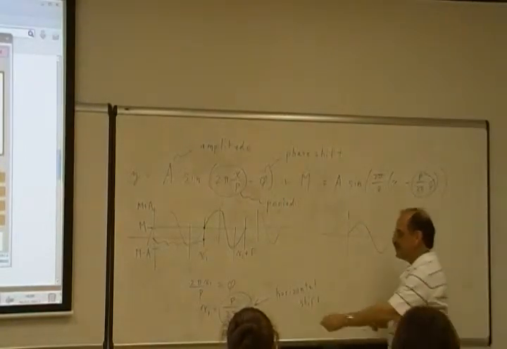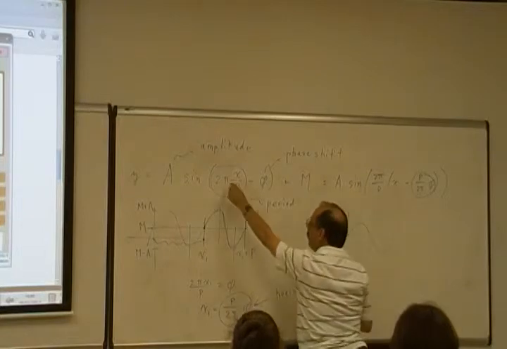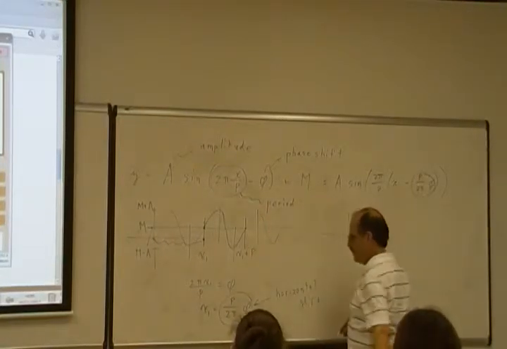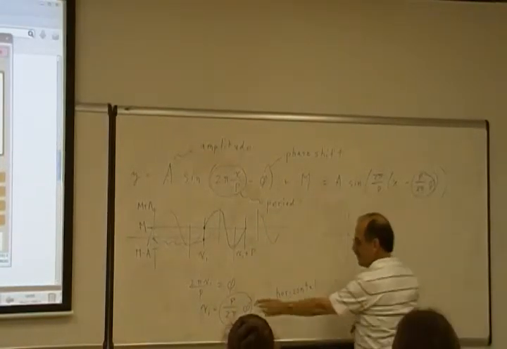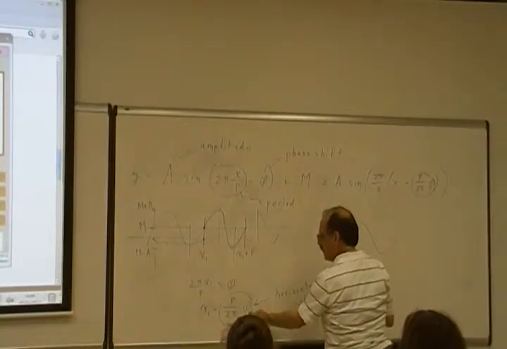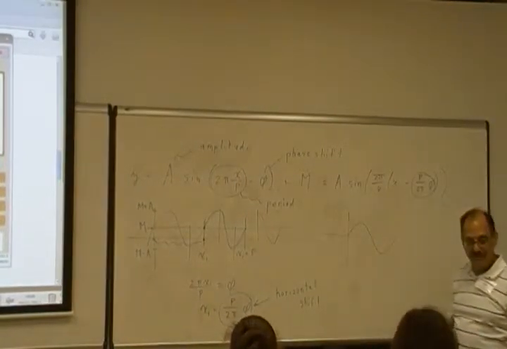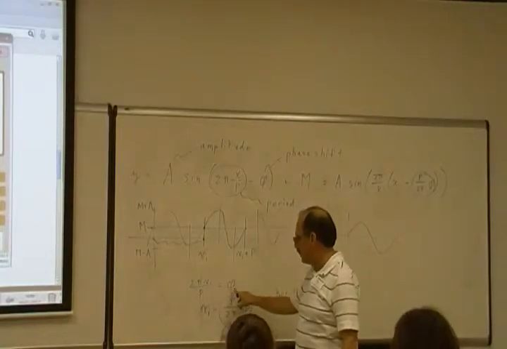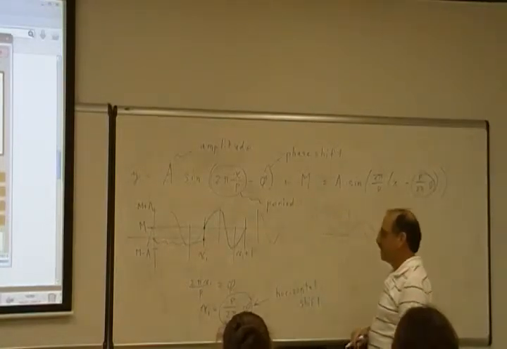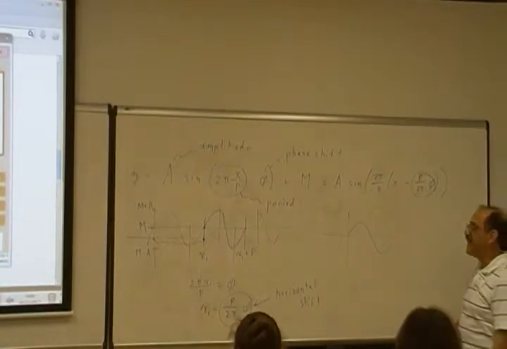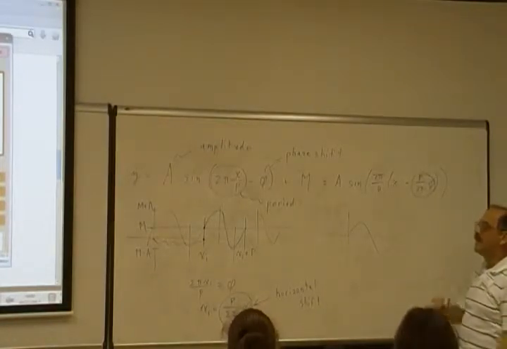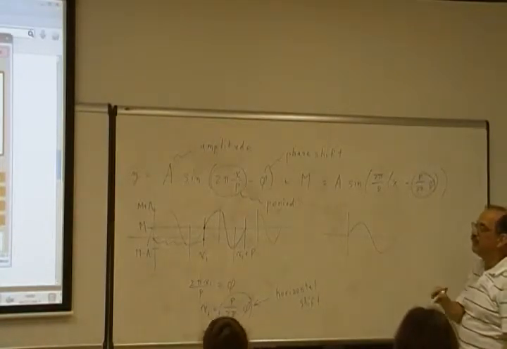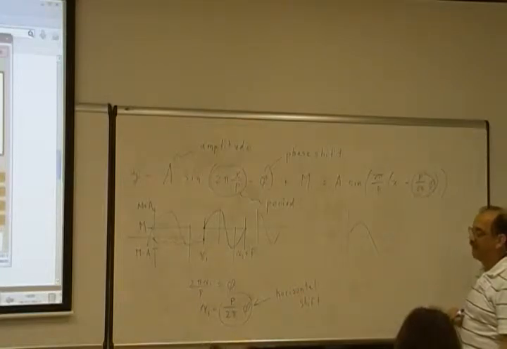In other words, you take the horizontal shift and multiply it by 2 pi over p. You multiply this by 2 pi over p, you will get phi. 2 pi over p times the horizontal shift will be phi. So that's the angle that you have already moved through to where you want to start graphing.